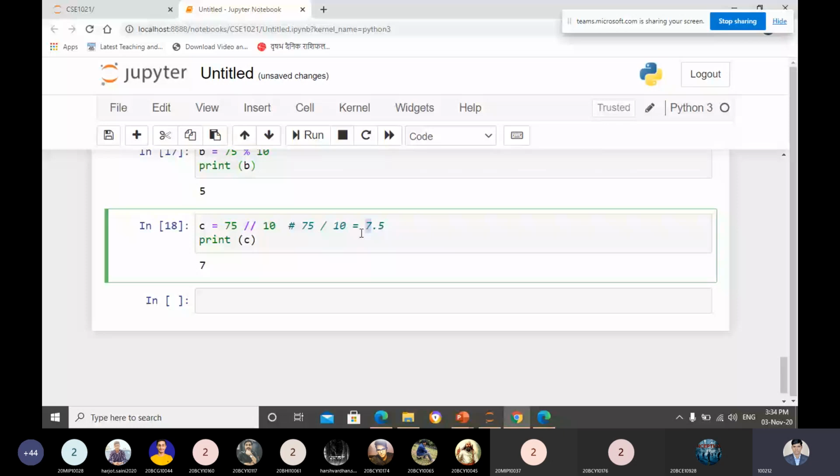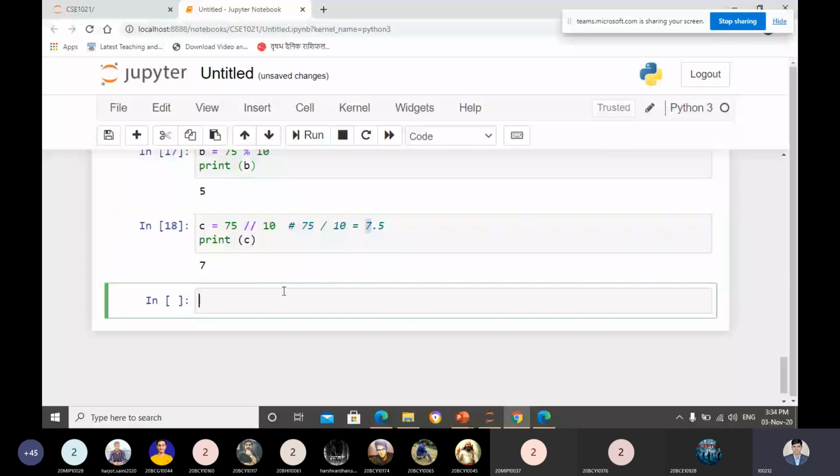In any floating point number we have two parts: the integer part and the decimal part. So it gives the integer part only, that is 7. If I take 82, 85, 80, 89, whatever I want to take, it gives only the integer part. So you can say now, if you want to change anything, like d is equal to, I'm just taking 89, something like that.